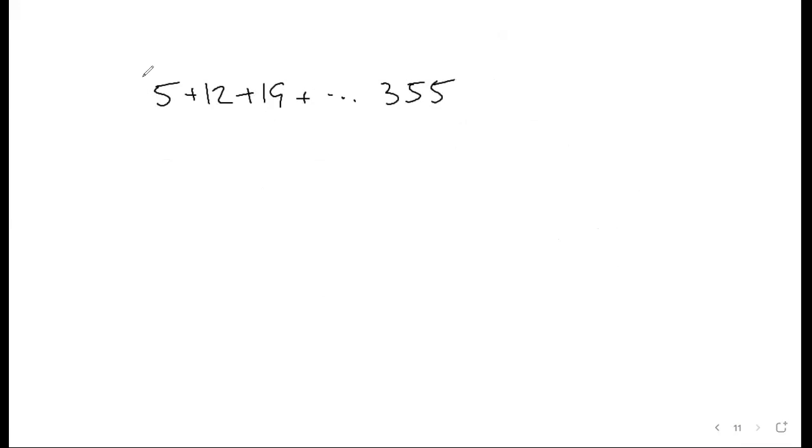So write in sigma notation. I'm not asking you to compute this. I'm just asking you to write this in sigma notation. So I'll give you about a minute to try this question.